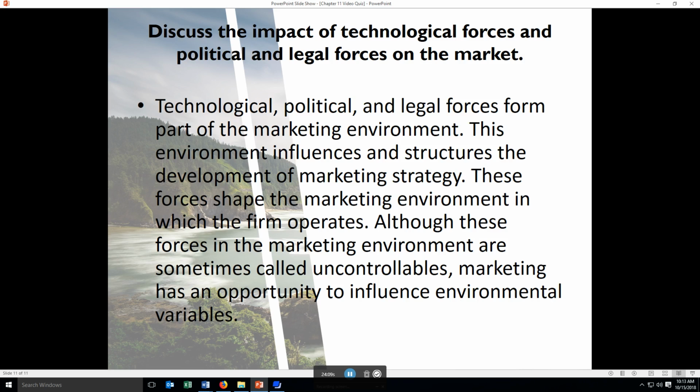One example, cigarettes, legal forces. Cigarettes used to be heavily involved in advertising for sports, especially racing. A lot of race cars had cigarette brands on them.